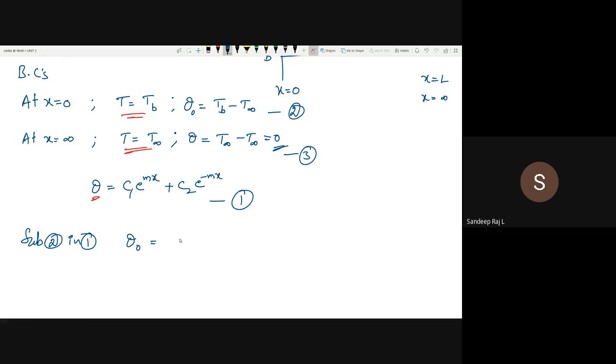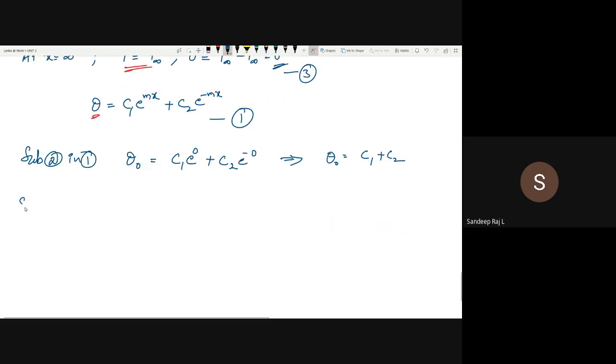Theta naught is equal to, the x value is 0, C1 into e power 0 plus C2 into e power minus 0. Something power 0 is 1, so theta naught is equal to C1 plus C2.